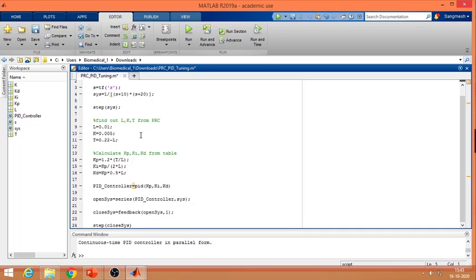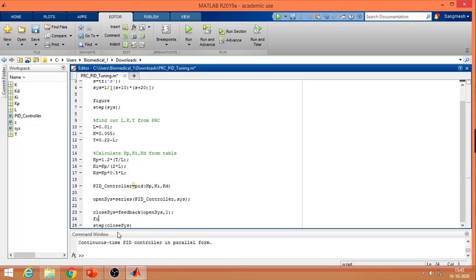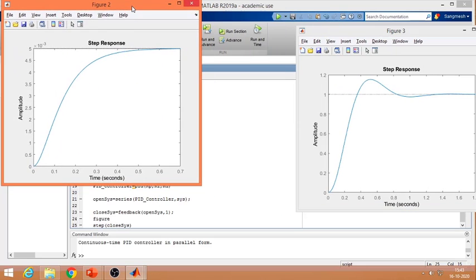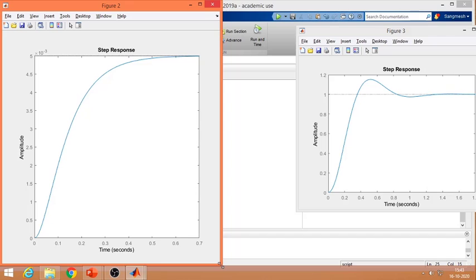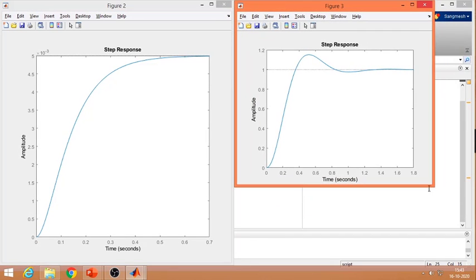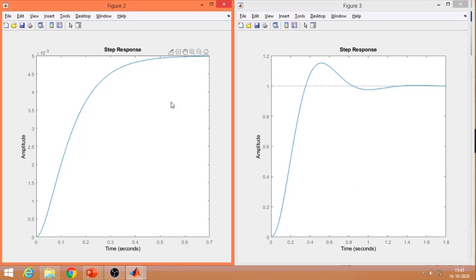Let me have two different figures, figure 1 and here we have figure 2. Let's save and run it, and if you see, perfect. Let me keep these two figures side by side so that we can easily differentiate. Figure 2 is the step response of your open system simply without any controller, and this is with the PID controller.